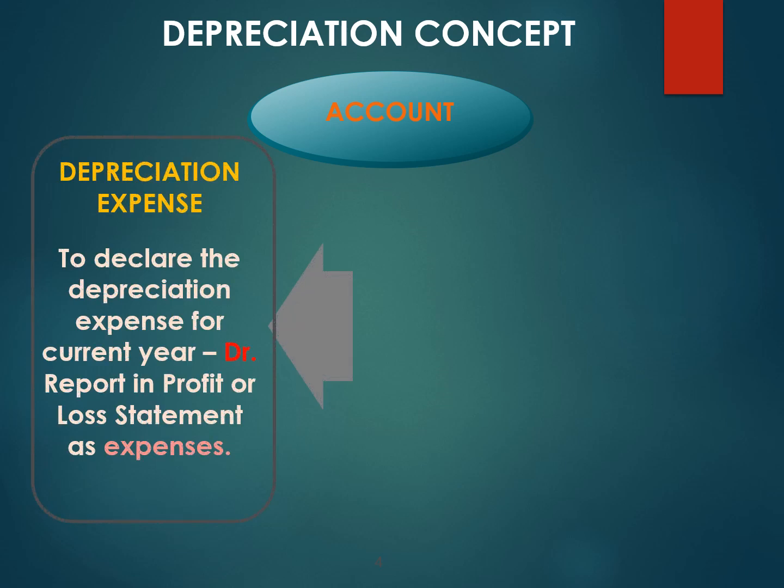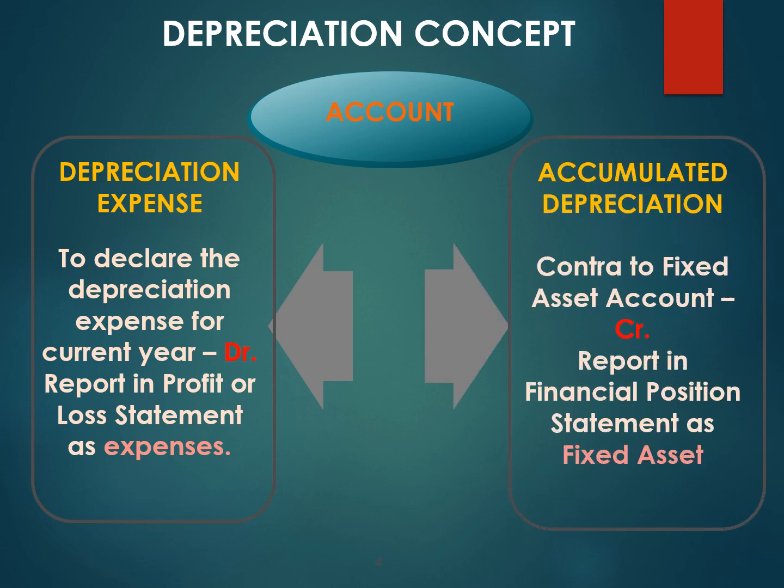Depreciation expense is to declare the depreciation expense for current year. So we debit it and we report it in profit or loss statement as expenses. Whereas the accumulated depreciation is a contra to fixed asset account.